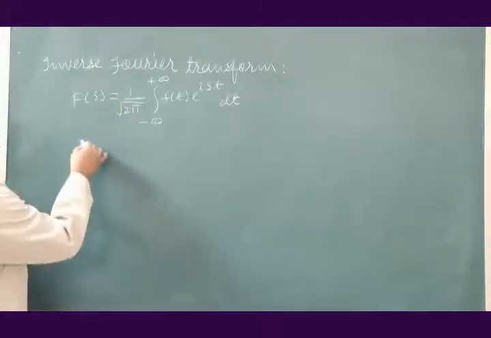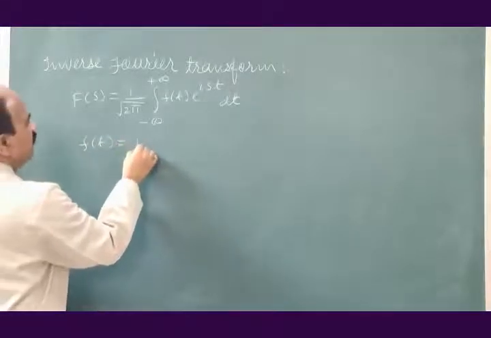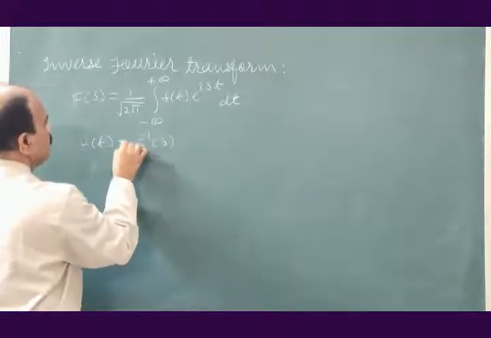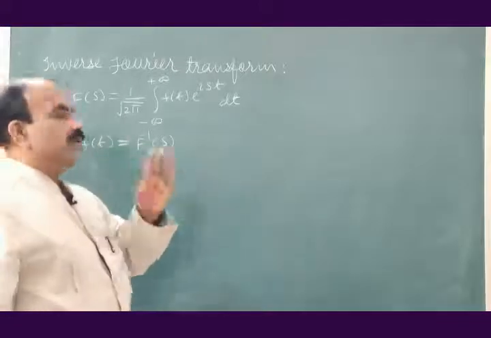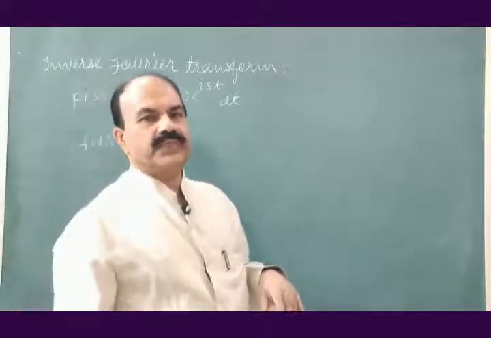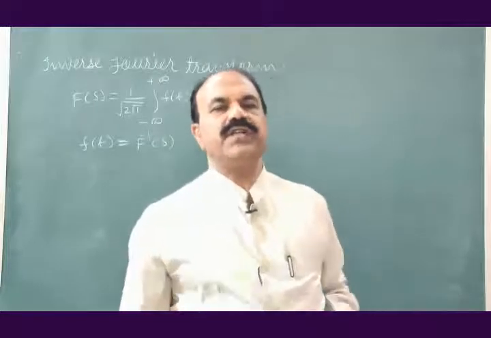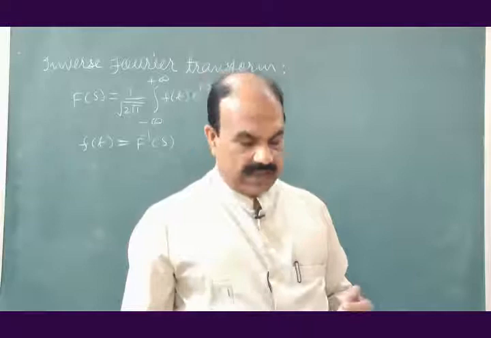Inverse Fourier transform will be given by an expression f of t is equal to f inverse of x of omega. We shall use this formula and try to get inverse Fourier transforms of some given functions.